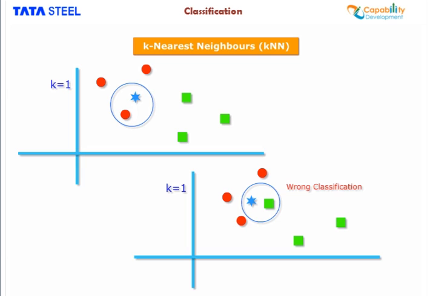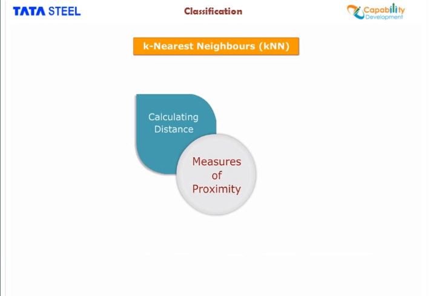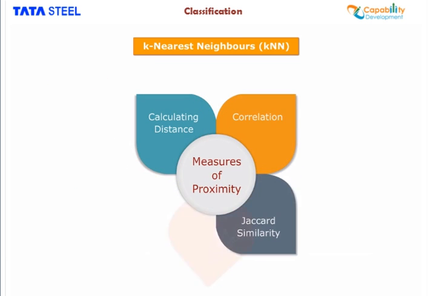In order to prevent this misclassification, you need to increase the value of K to say 3. When K is equal to 3, you will consider the nearest 3 training records instead of 1. Since the class of the target record is evaluated by voting, K is usually assigned an odd number for a 2-class problem.